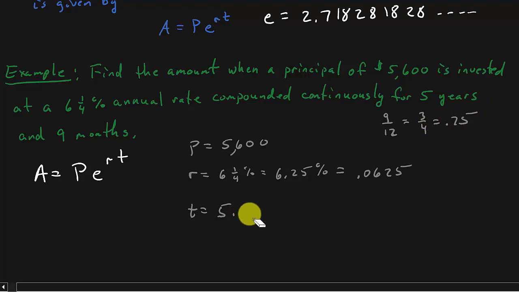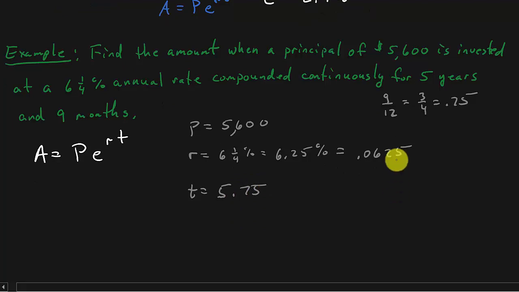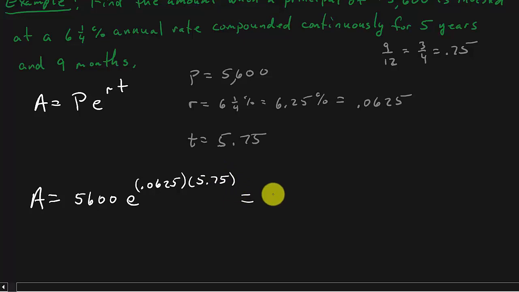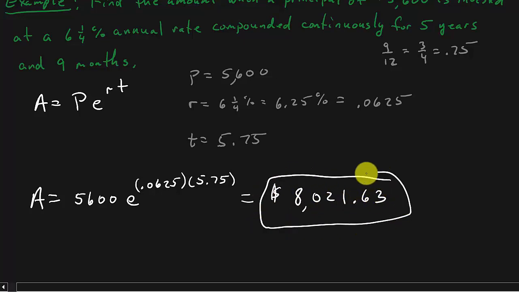So 5.75 would be T. And then we plug this in, so that would be A equals P, which is 5,600, times E raised to the R, which is 0.0625, times T, which is 5.75. And then you punch that into your calculator and you get $8,021.63. And there's your answer.